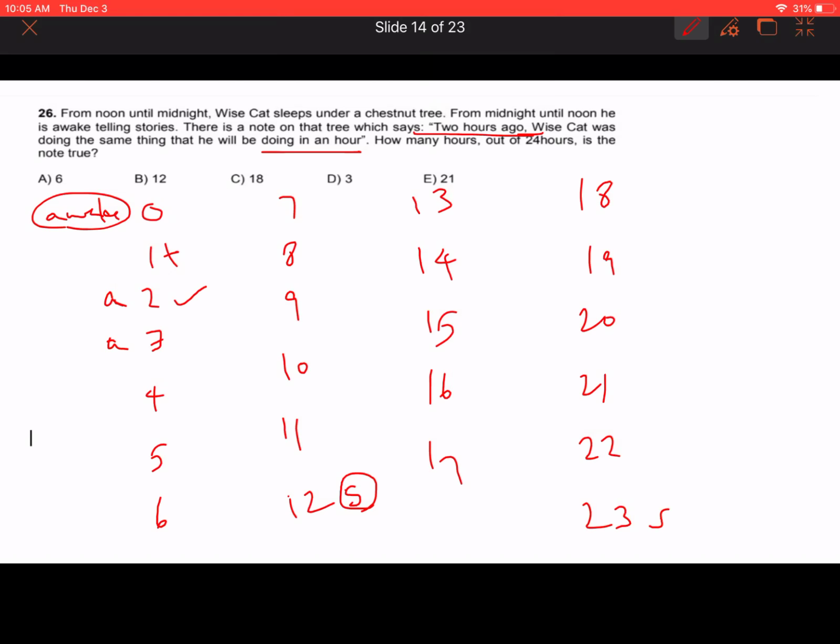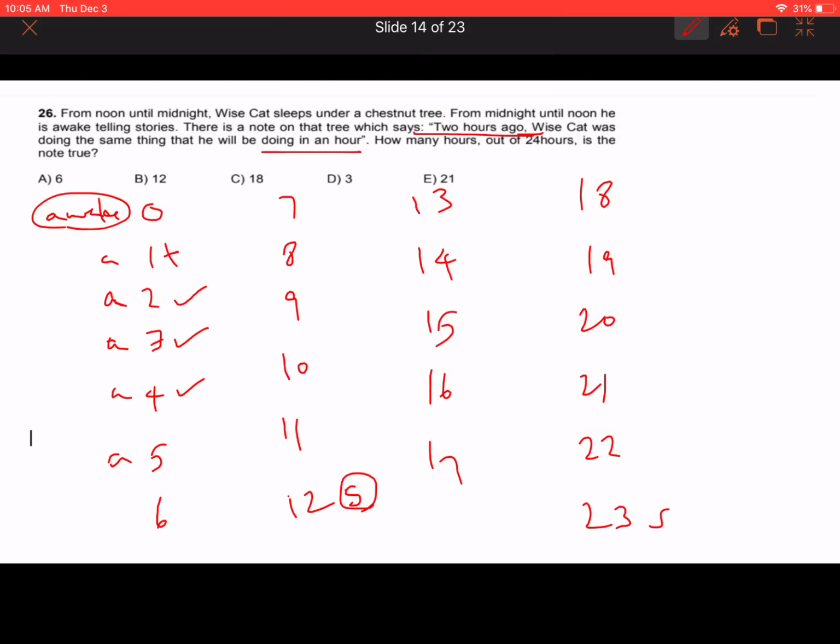3 o'clock: 2 hours before, that is 1 o'clock, he is awake, and at 4 o'clock also he is awake, so it is the same activity. 4 o'clock also counts, and 5 the same.